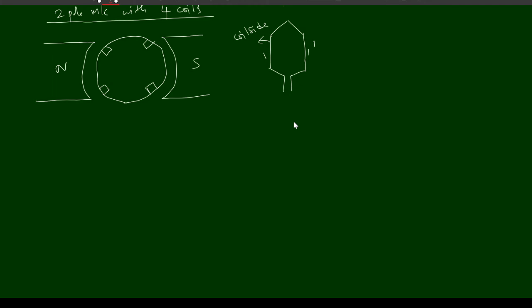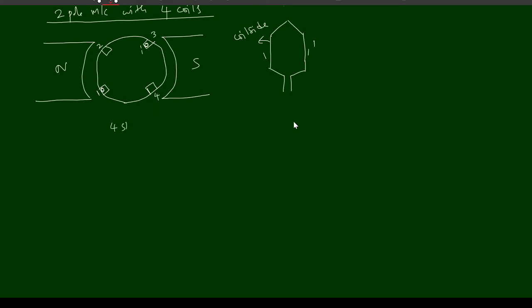This is placed on the top of the slot, this is 1, and this is the bottom of the slot, this is 1 dash. Let me number the slots first: 1, 2, 3, 4 slots.